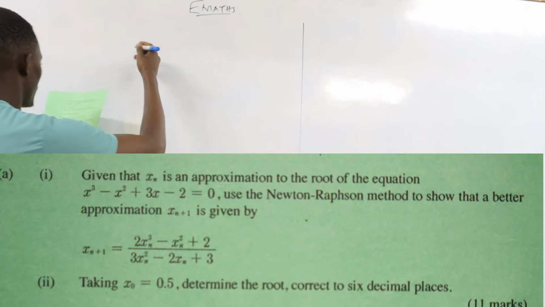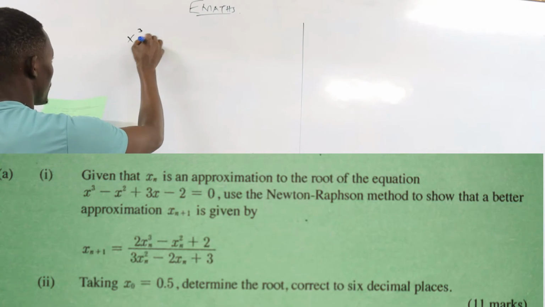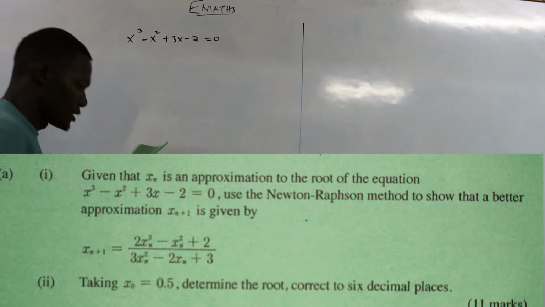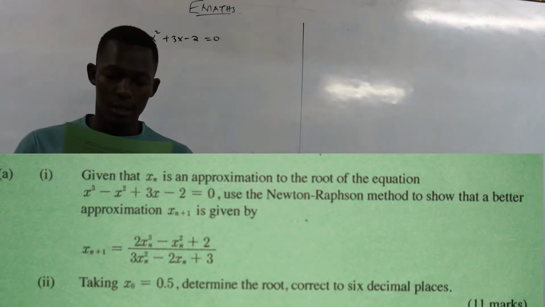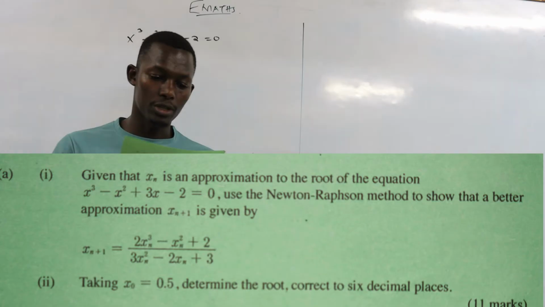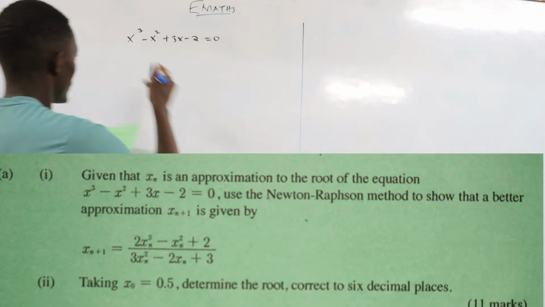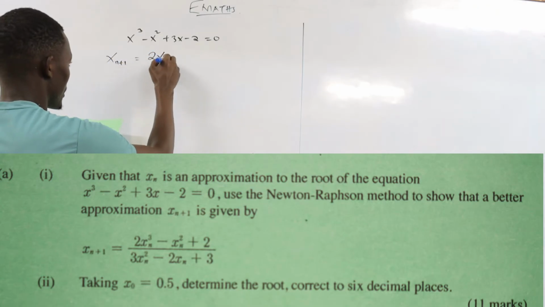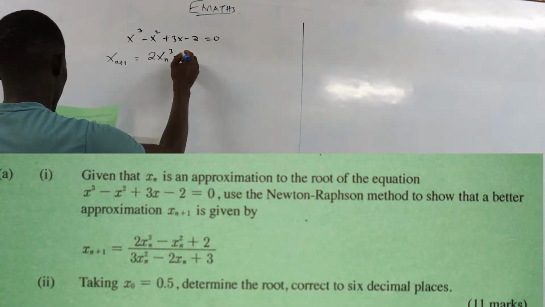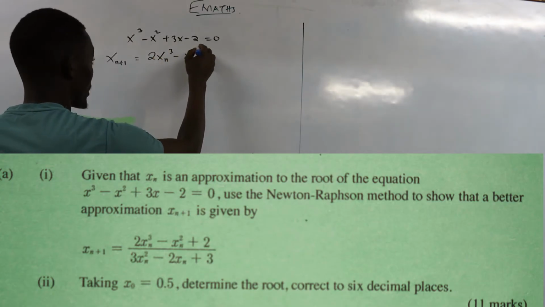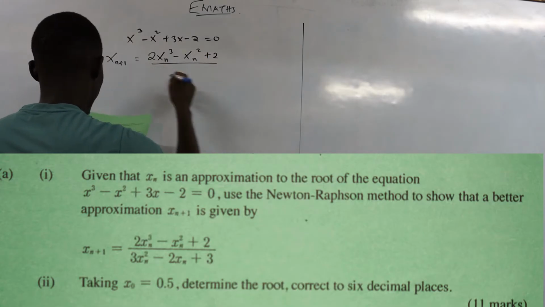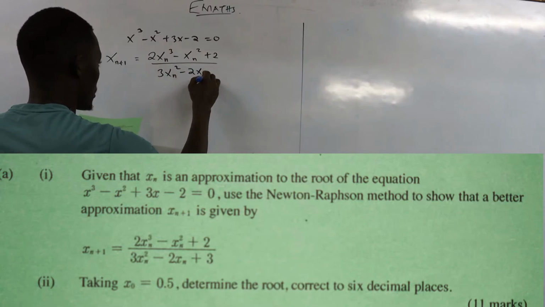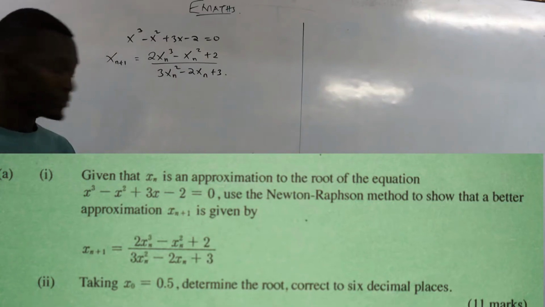So the equation is given by x cubed minus x squared plus 3x minus 2 equals 0. Use the Newton-Raphson method to show that a better approximation xn plus 1 is given by 2xn cubed minus xn squared plus 2, all over 3xn squared minus 2xn plus 3.